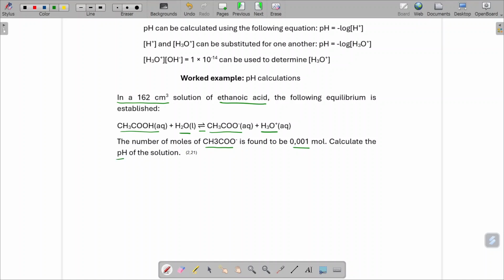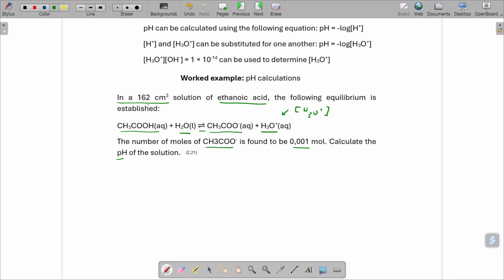Calculate the pH of the solution. So to find the pH of the solution, we need to find the concentration of the hydronium ions. Now, how do we do this? We do this by looking at our balanced equation and by looking at the mole ratio that's given here. They give us the volume of the ethanoic acid, and so we can use that information as well.